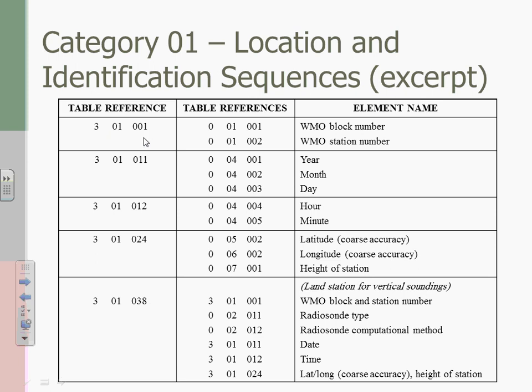So if you see 301001, then you can translate this descriptor into these two descriptors. This is the simplest example of a table D descriptor. So by using 301001 instead of two descriptors, you can describe WMO station identification with only one descriptor instead of two.